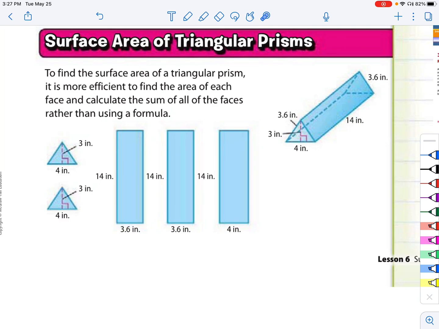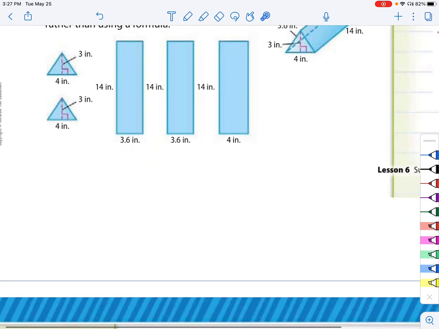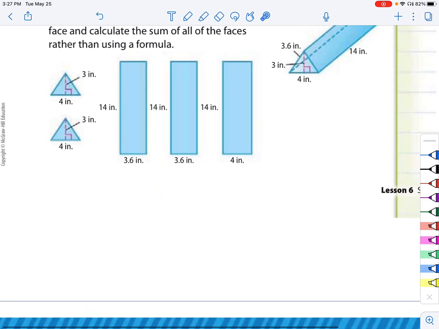So 3 of them. To find the surface area, we simply find the areas of these 2 triangles, add the areas of these 3 rectangles, and we find the surface area of our triangular prism. Okay?